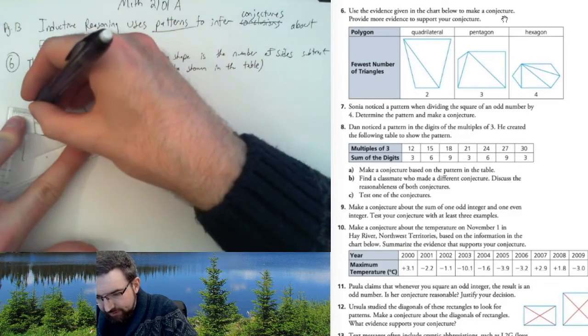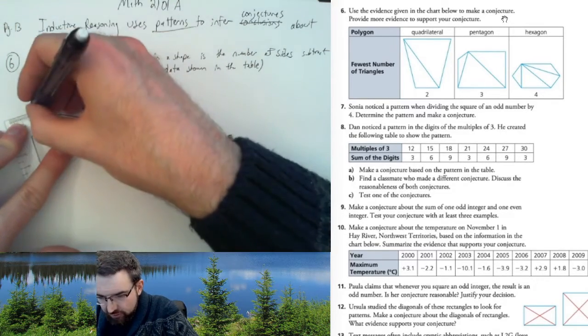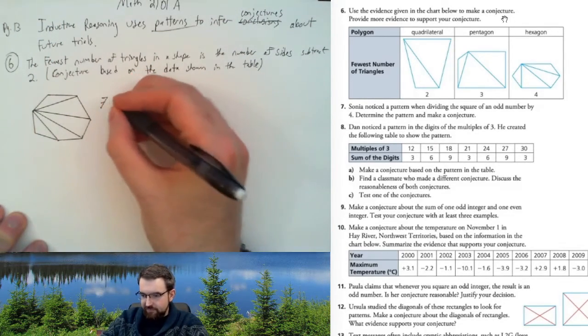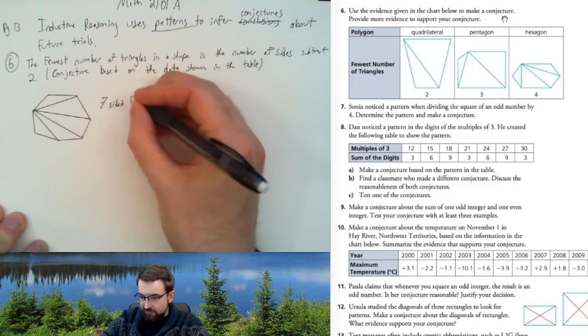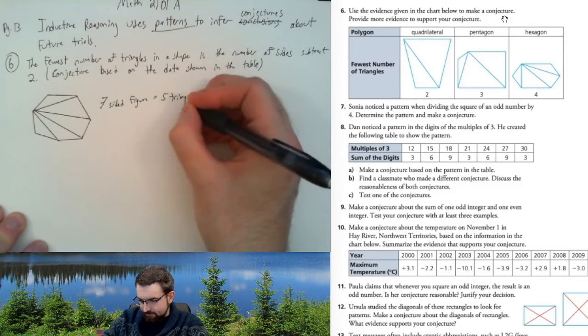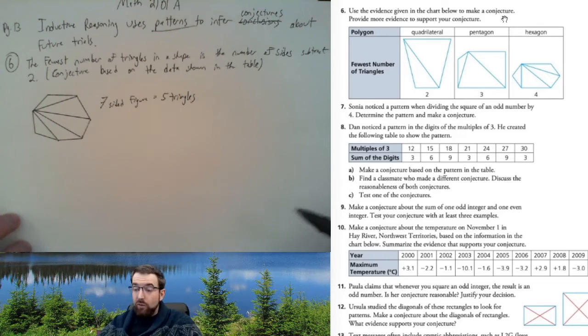As you see now, I'm just going to pick one vertex here, join it up like so, and we see that a seven-sided figure equals 5 triangles, right? So this is a little bit of evidence to support what we're saying here, okay?